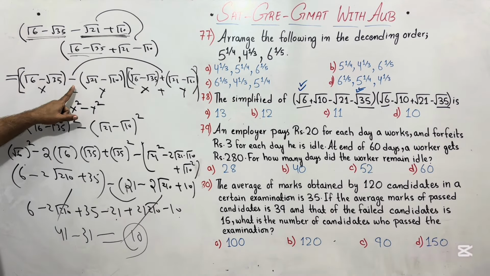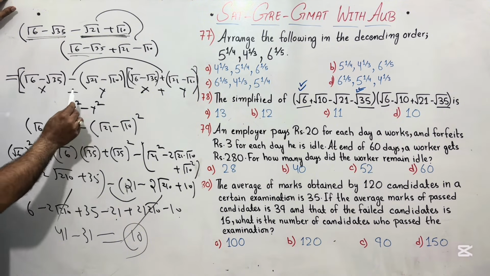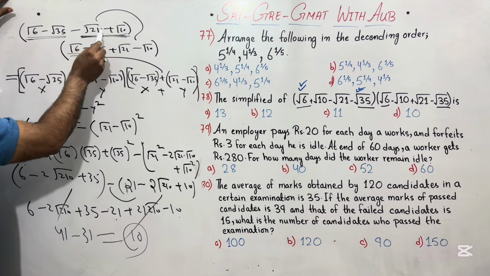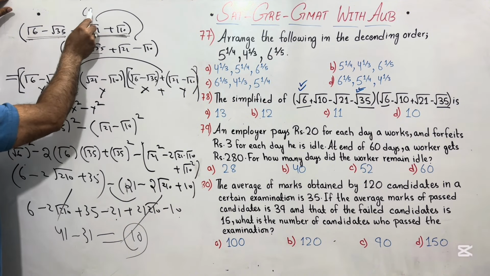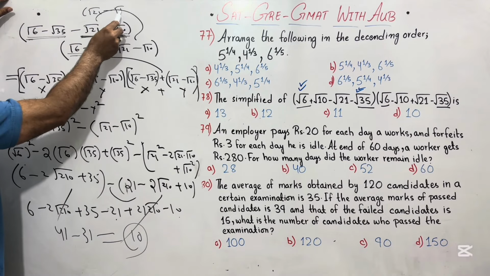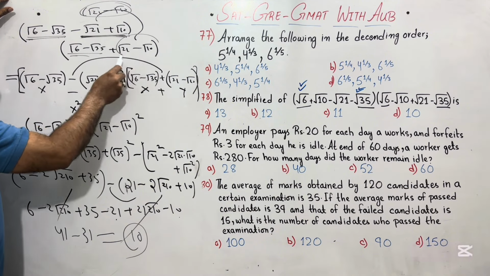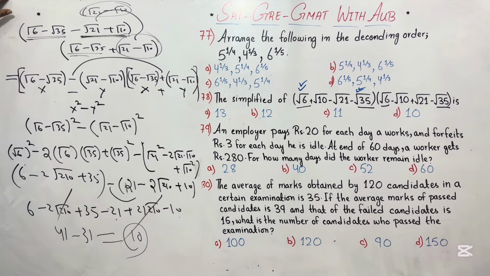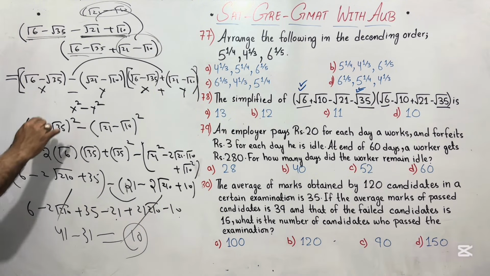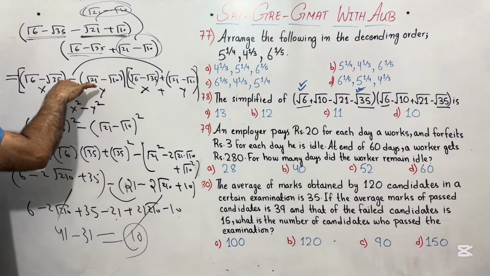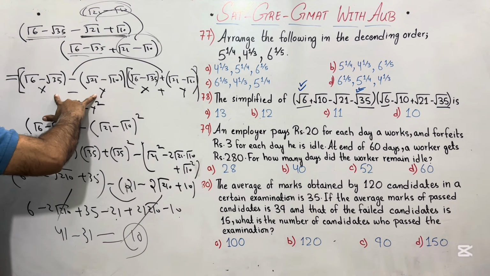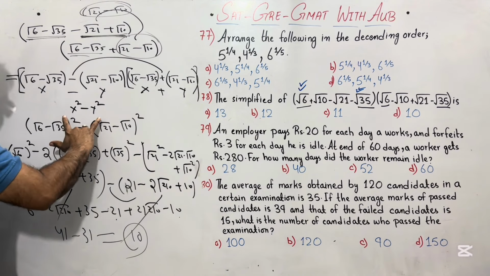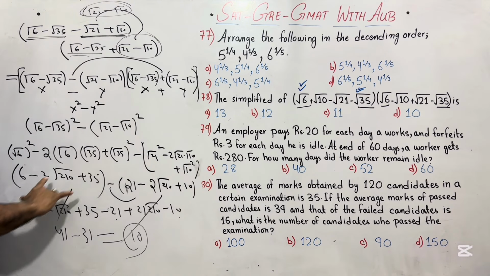Now the remaining two parts, after taking minus common, become √21 minus √10. These two remaining parts also become identical after taking minus common. Now we have the only difference here, it is negative, it is positive. It's our x minus y, it's our x plus y. That is the situation of difference of two squares, x square minus y square.